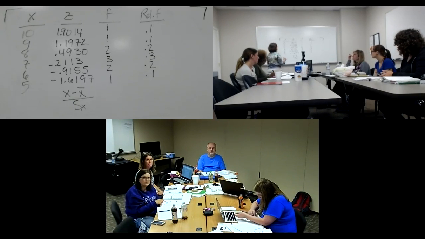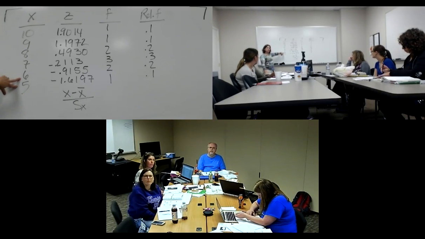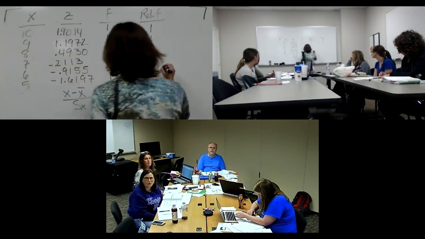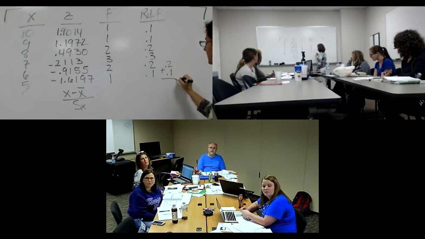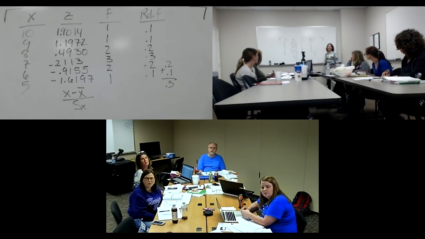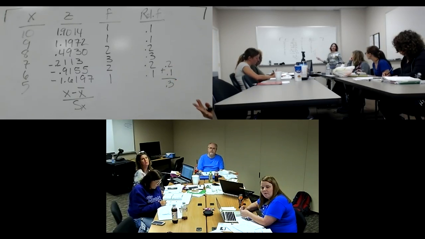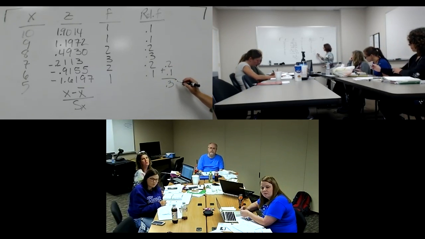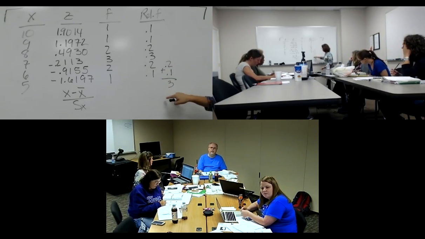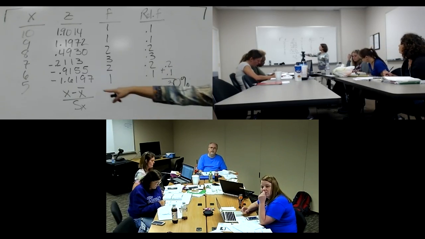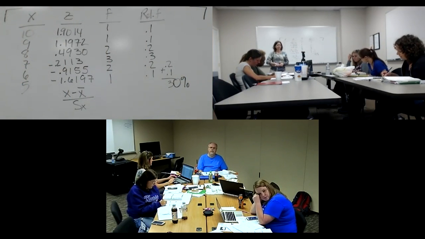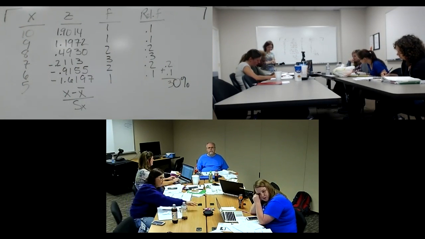So we're going to add those. 0.2 plus 0.1 is 0.3, and then we want to make it a percentage. So we're going to do our transformation, and that's going to make it 30% of our scores were a 5 or a 6. You're going to add them.